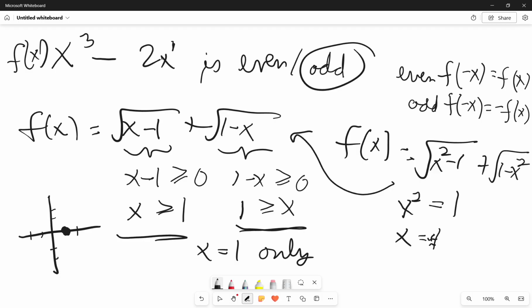So this time, if we graph it, we'll have (-1, 0) and (1, 0). And this, it turns out, is symmetrical across the y-axis. So this is even. Let's check if it's odd.